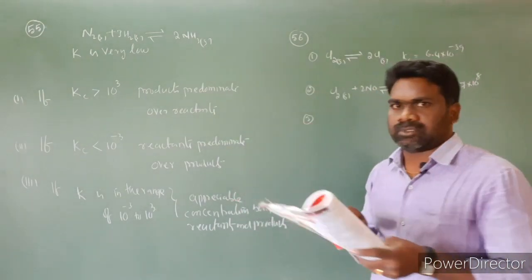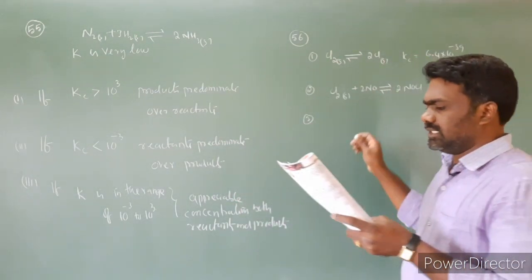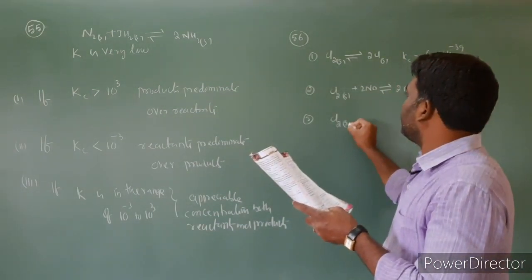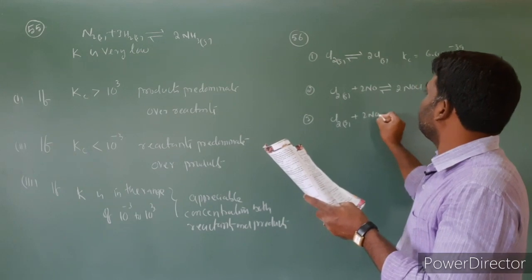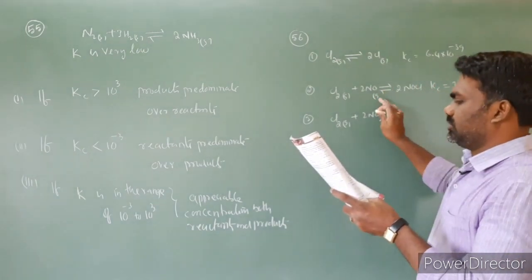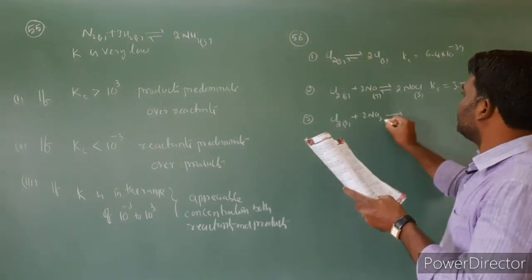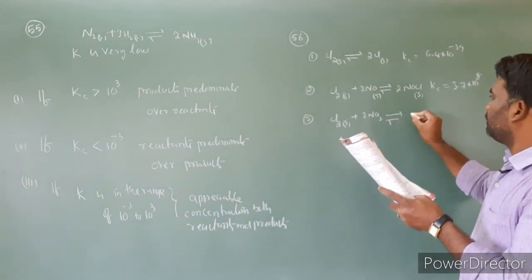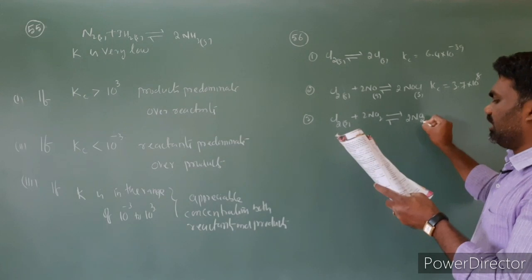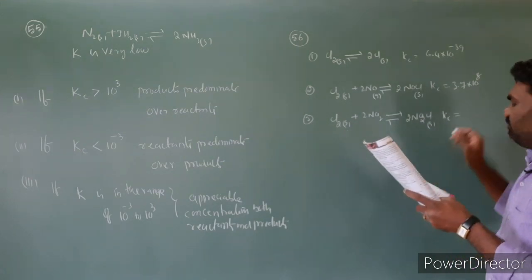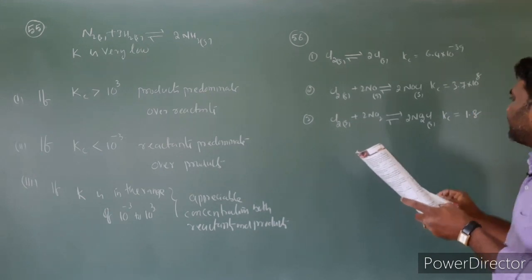Look at the third option. Cl2 gas plus 2NO2, both gases, gives rise to 2NO2Cl, which is also a gas. Kc for this reaction is 1.8.